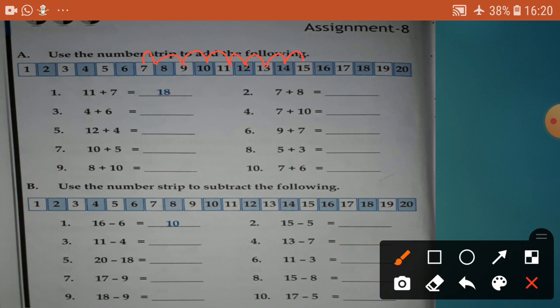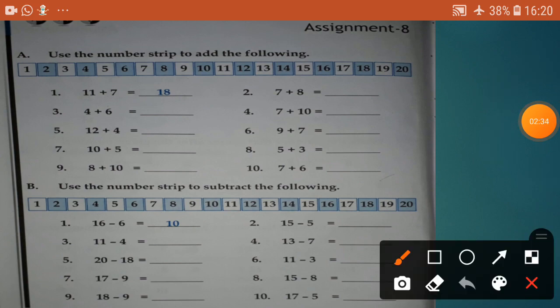So your answer for number 2 is 15. You stop at number 15, so the answer is also 15. Okay, next.